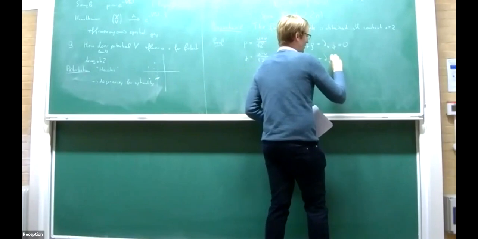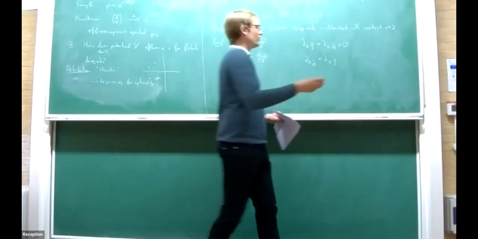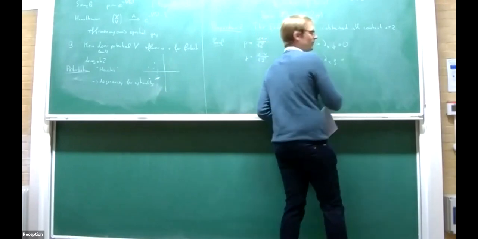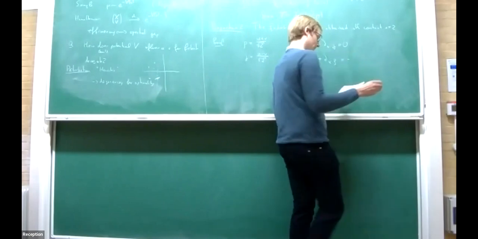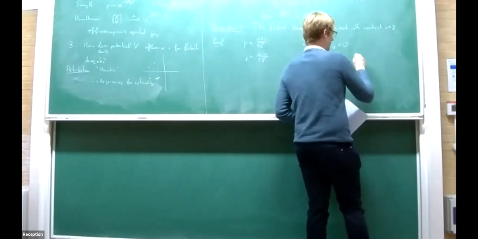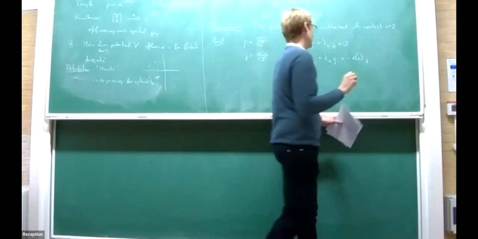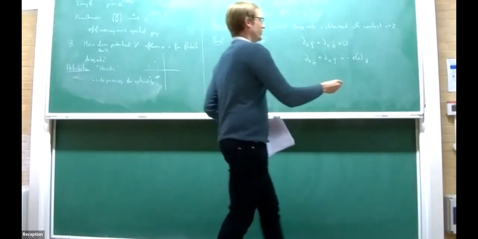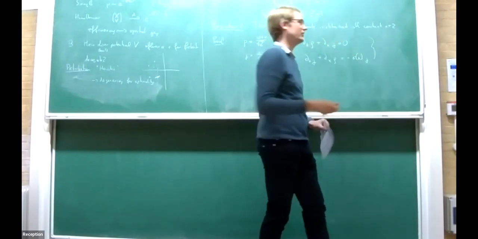This is just equal to dx rho. And then of course we have the damping term, which in this case is just minus sigma J. So in this case, it's really like a classical wave equation.